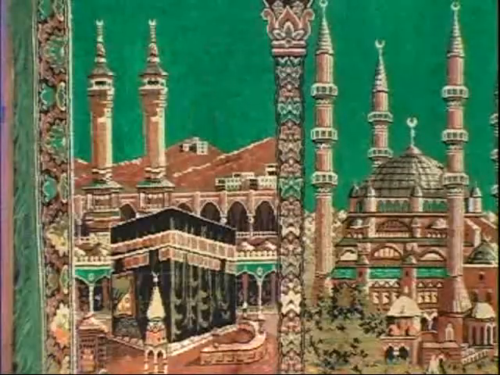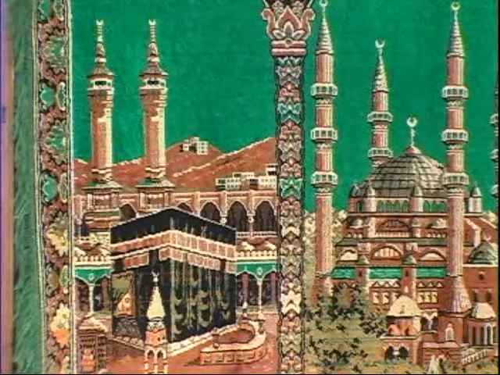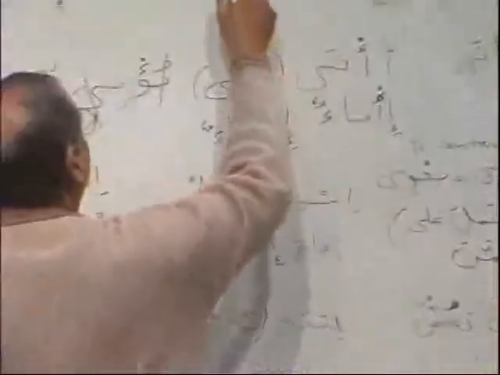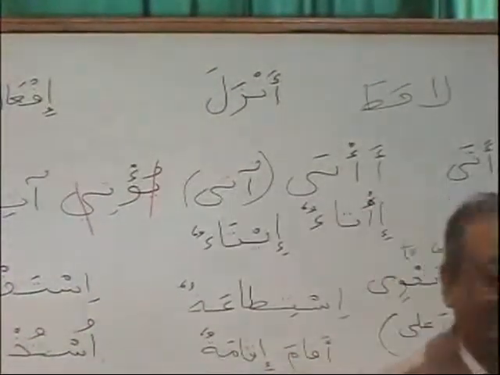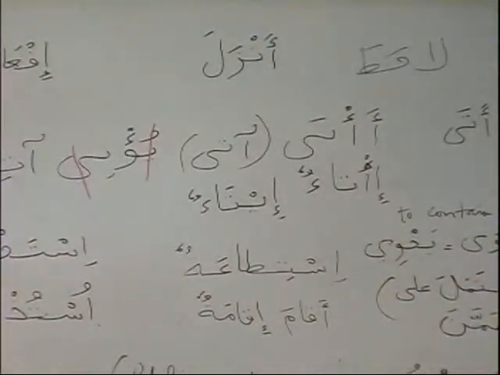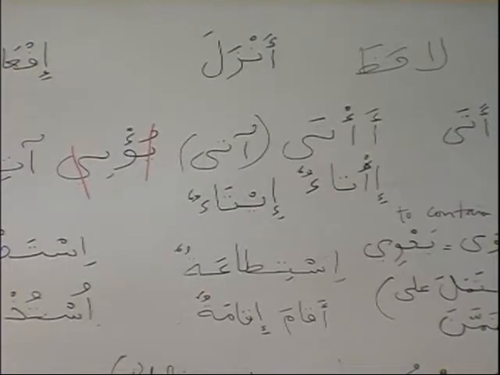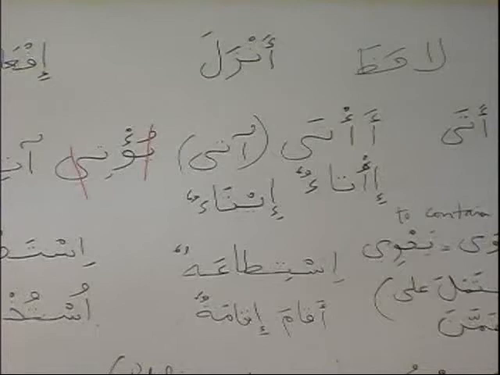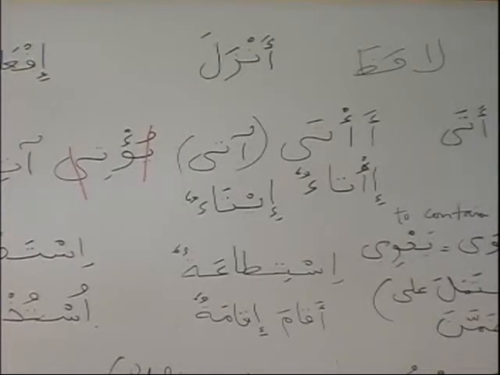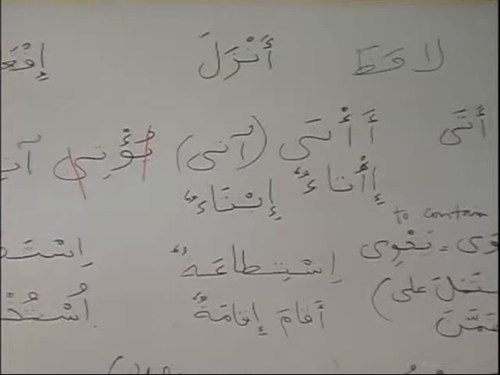See, if there's a fa'il four-letter word, it's easy. It's so easy, brother. I give you an example. Anzala. Make it majhul. Unzila, brother. See, ain kalima got a kasra, and whatever mutaharik before it got a dhamma. Unzila. Alladhina yu'minuna bima unzila ilayka.